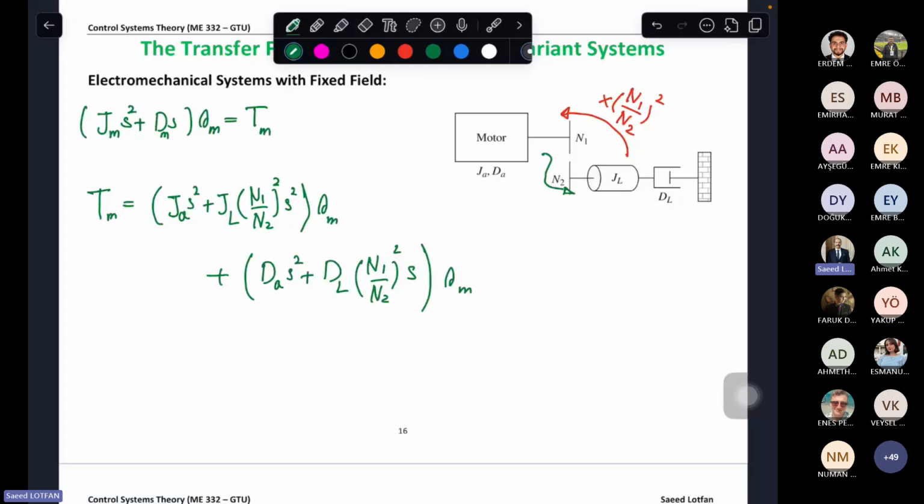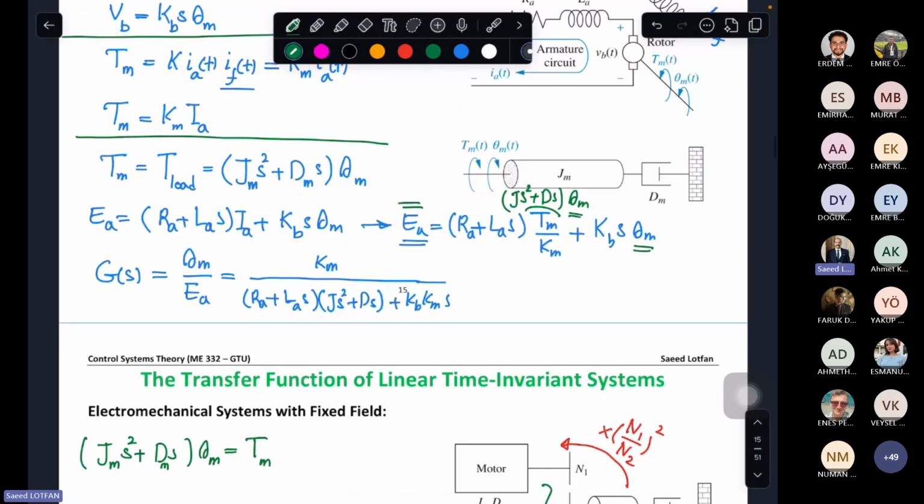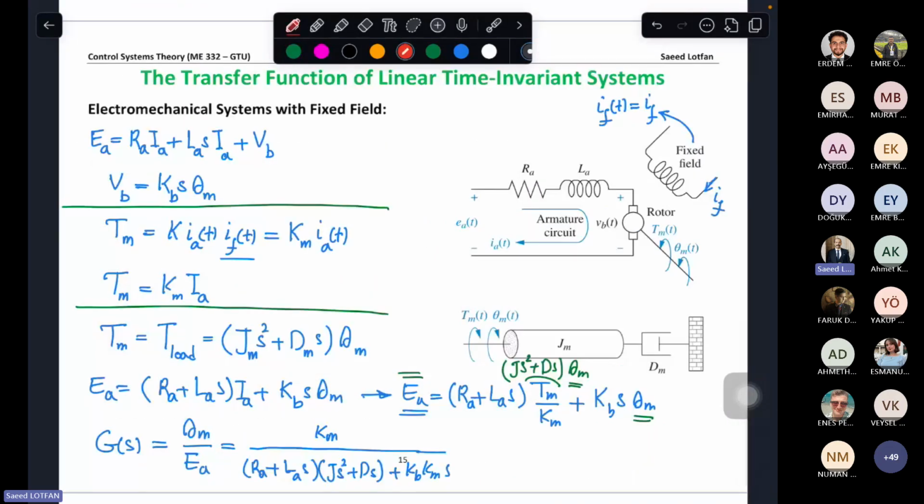Now, if you go back here, we have two constants. One of them is KB, another one is Km. These two constants are usually measured based on torque speed diagrams of the electromechanical system.